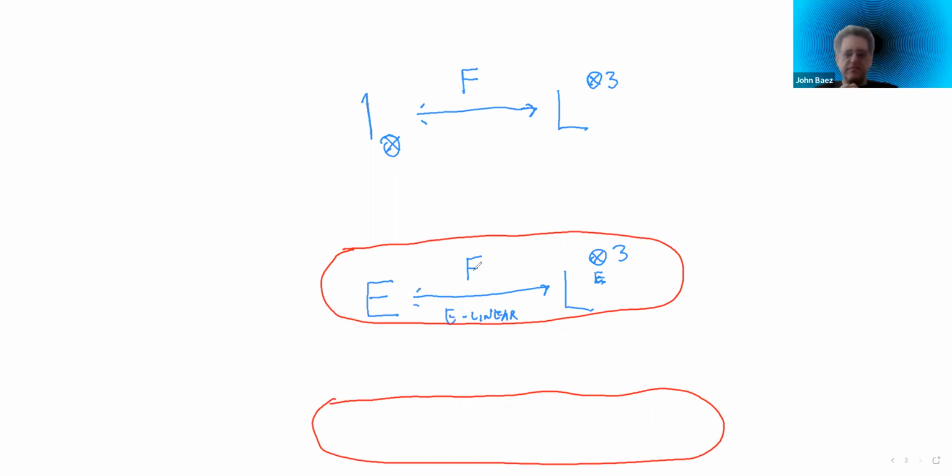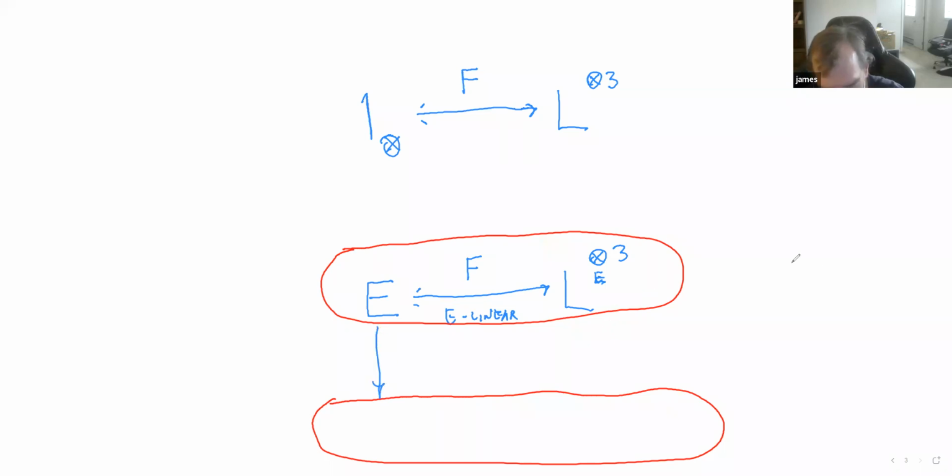Right. And now on the bottom, we want to sort of have the tensor square of F, but then Eisenstein conjugated or something like that. And then we're supposed to have an isomorphism from that.